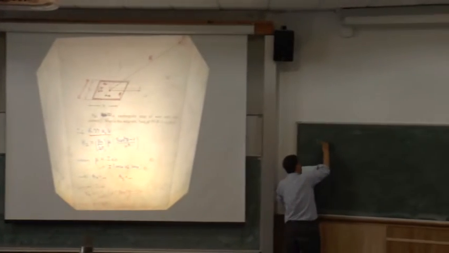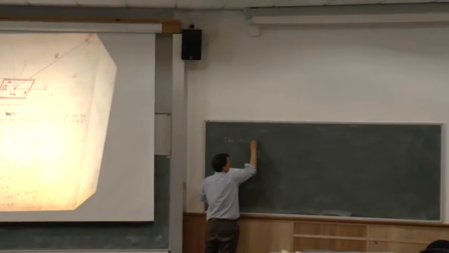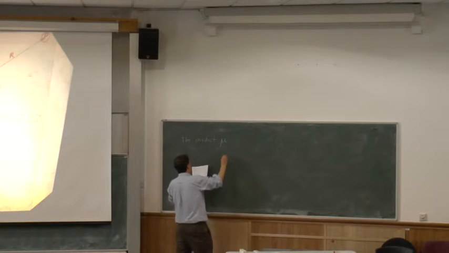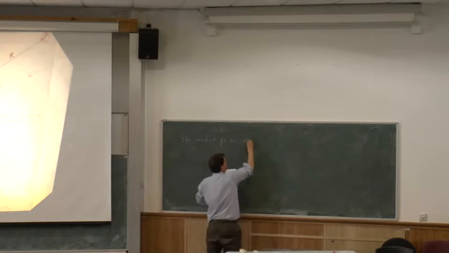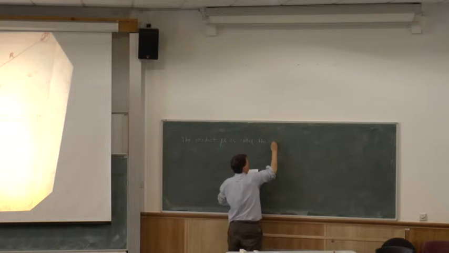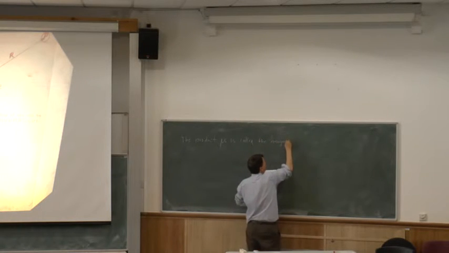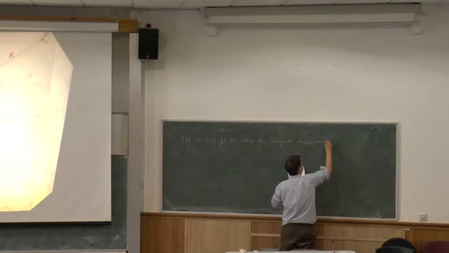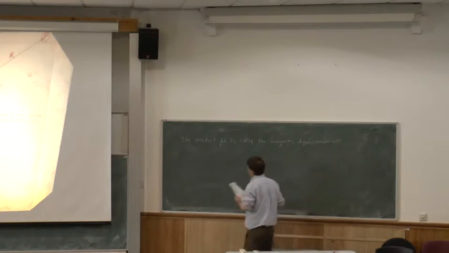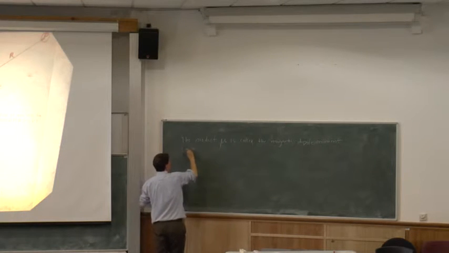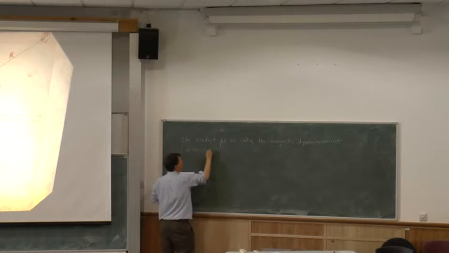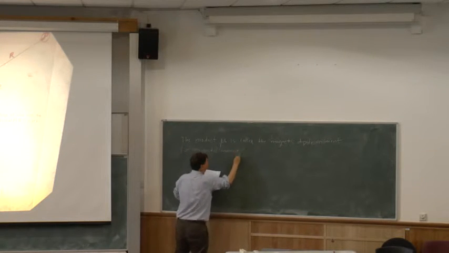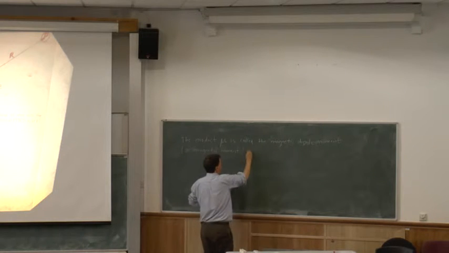The product mu, the product of the current flowing through the loop and its area, is called the magnetic dipole moment. That's its full description. You'll often see it in books abbreviated to magnetic moment. Strictly speaking, it's the magnetic dipole moment of the loop.